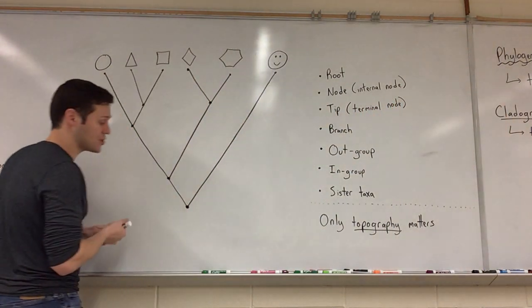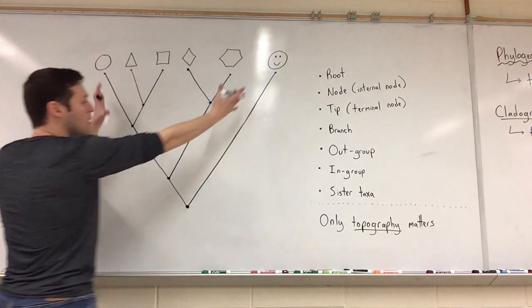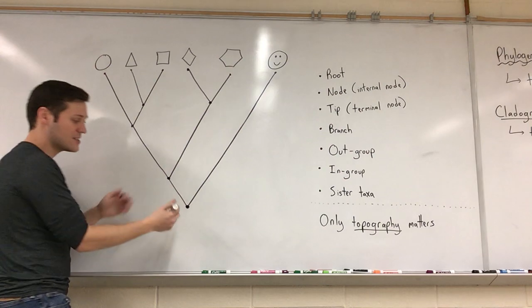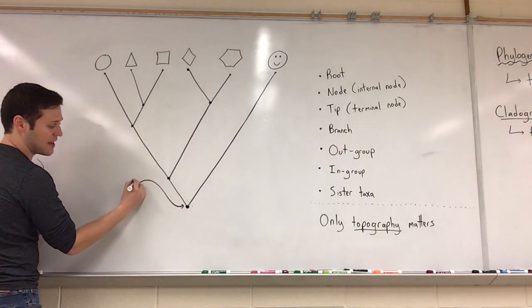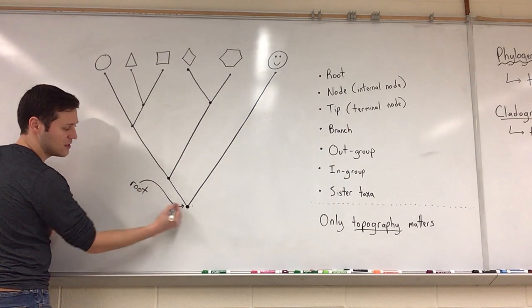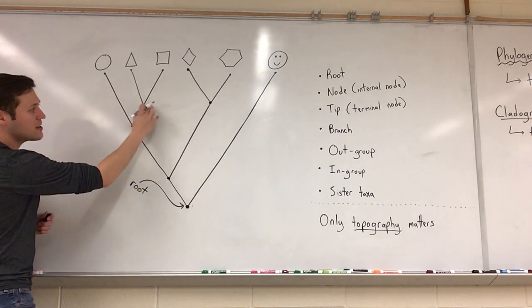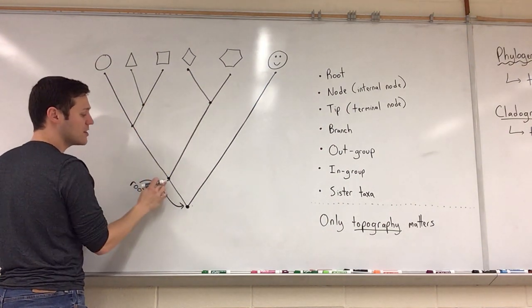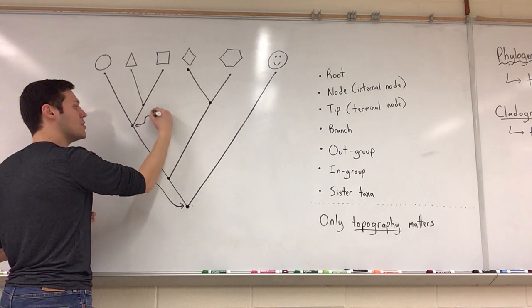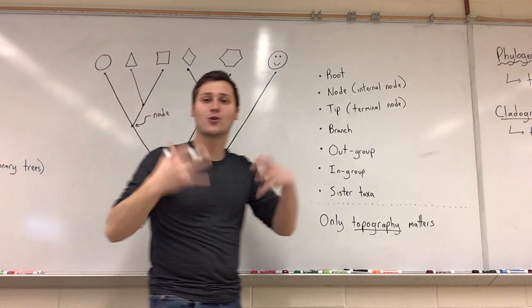Now, a few terms that you should know. This common ancestor down here, so we see that all of them ultimately branch from a common ancestor. This common ancestor is considered our root. All of these other points where we also have some common ancestors, here, here, here, and here, those would be considered nodes, or internal nodes.